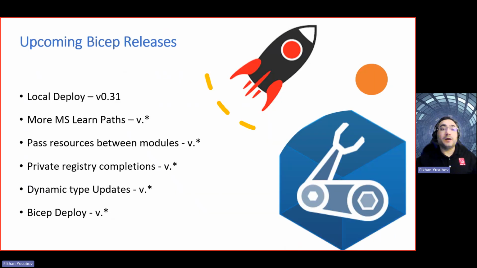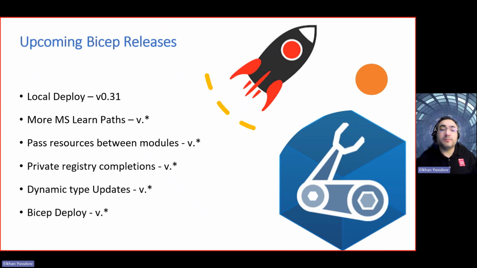In terms of upcoming Bicep releases, what to expect in the next couple of weeks or months is the local deploy feature, one of the most important ones going on at the moment. There is new documentation getting generated for new features like user-defined functions and imports, how you can import the code.